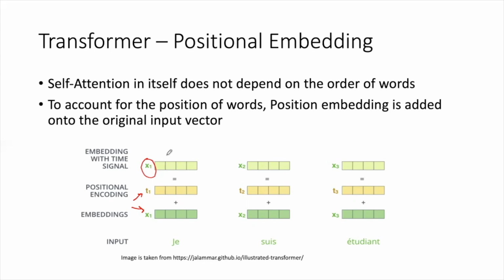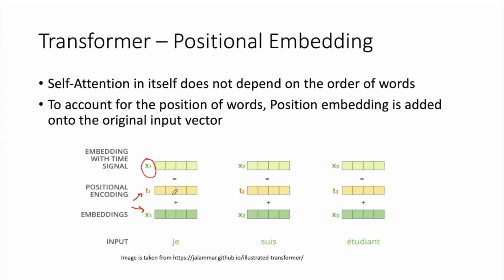Now there are different ways in which these position embedding vectors at each position are fixed or derived. There's a concept called sinusoidal position representation, which gives a fixed representation at each position.